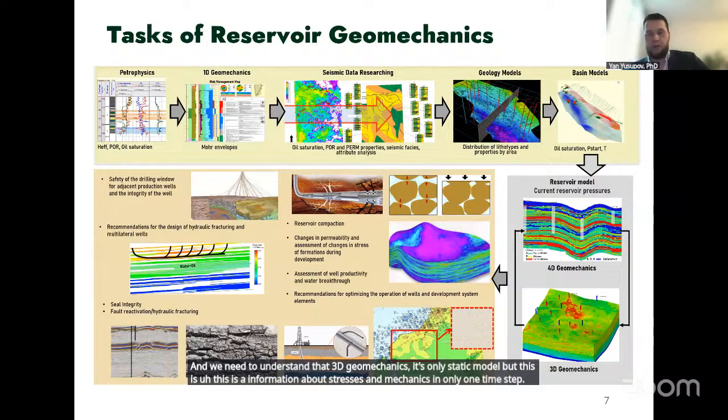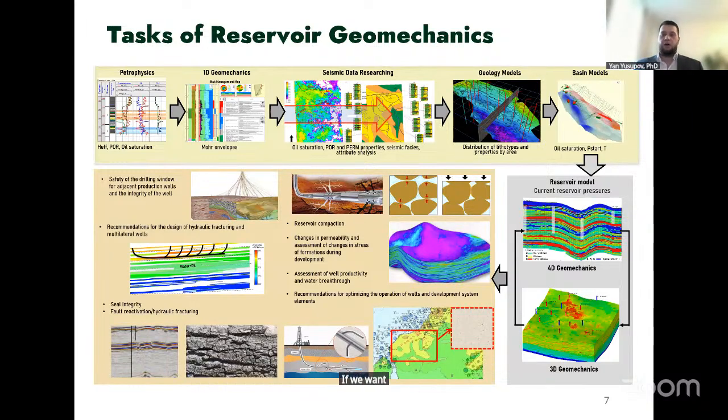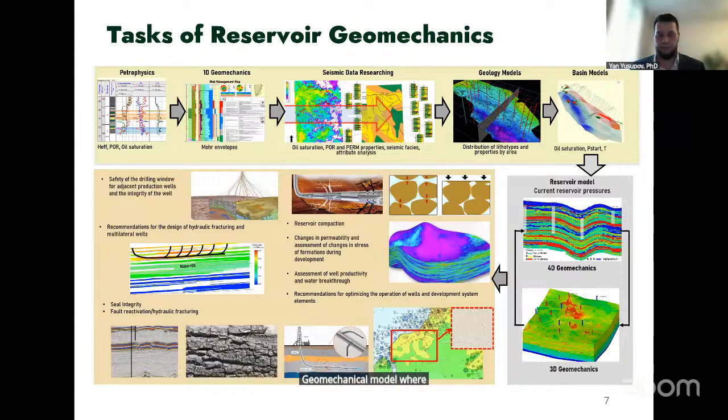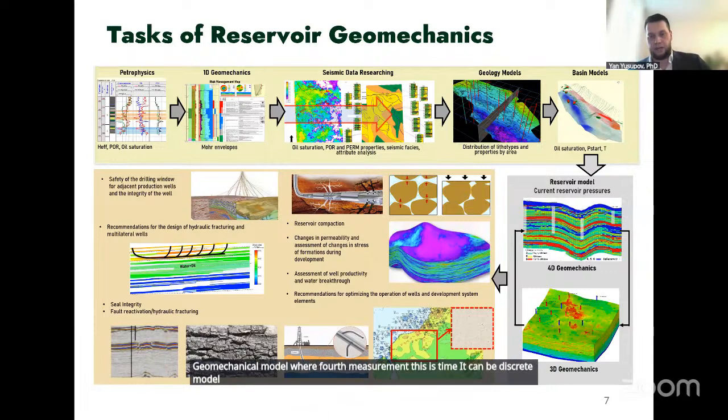If we want to know the stress distribution over time, for example, from the time step of the beginning of field development to the time step of the end of the field, we need to make a 4D geomechanical model, where the fourth dimension is time. It can be a discrete model with equal time steps or not equal time steps. It depends on our needs.